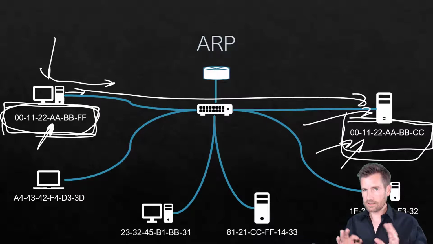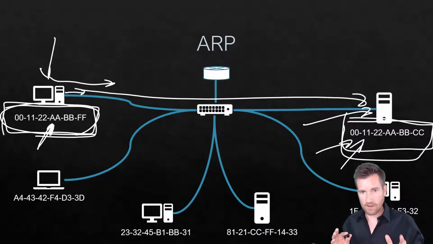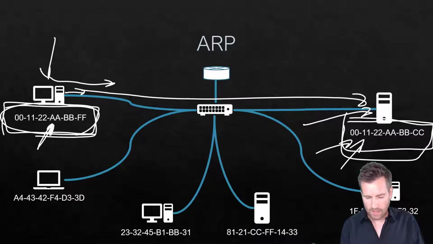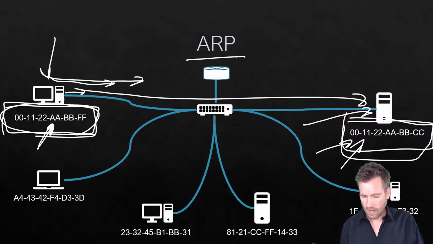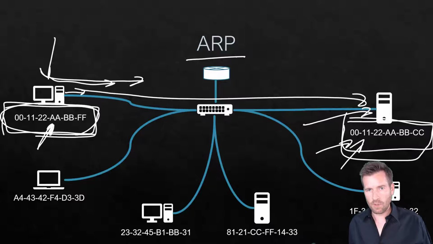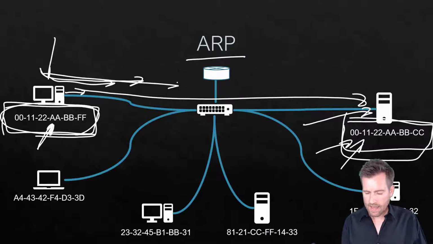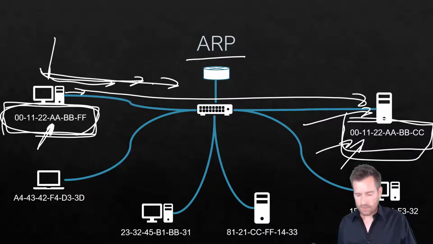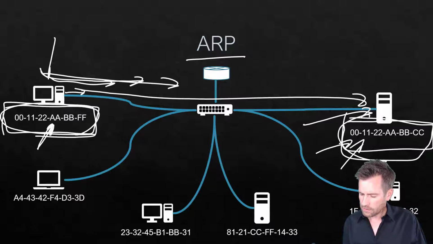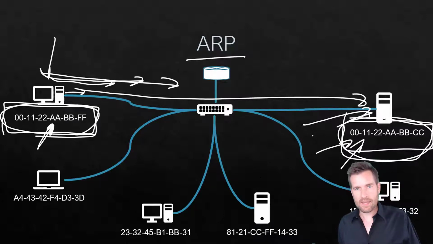And this is all as if it was communicating on a local area network. And so what it does is it sends out an ARP request, an Address Resolution Protocol. So it sends a request out onto the line and says, who belongs to this IP address?